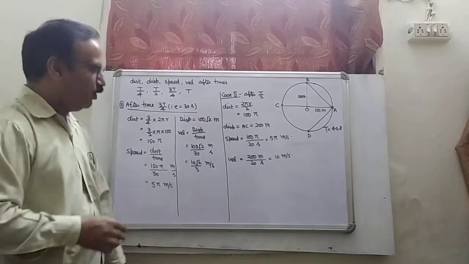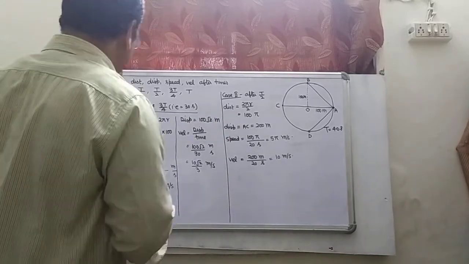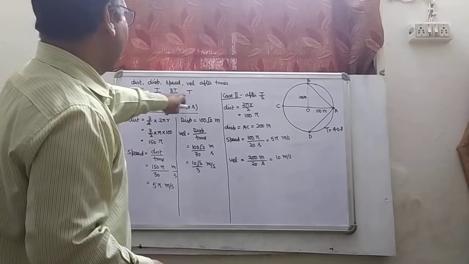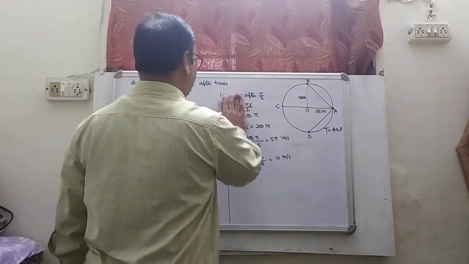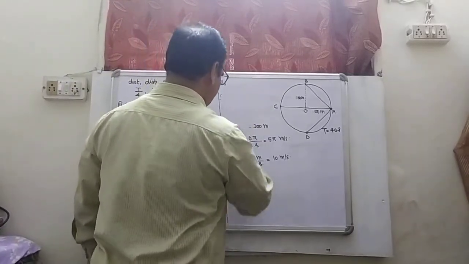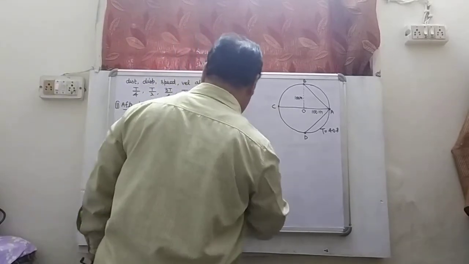And now we have to come to the next case, the final case. What will happen after time t? Okay, let me see what happens. That is the fourth and the final case of that problem.